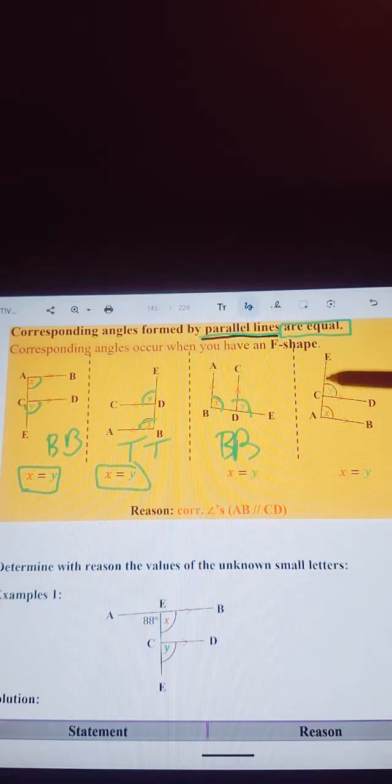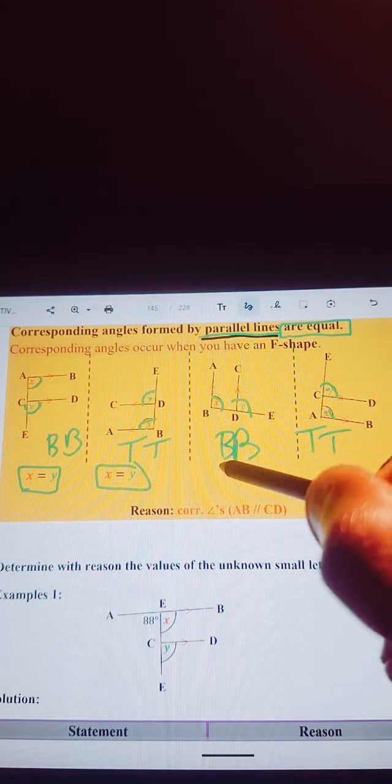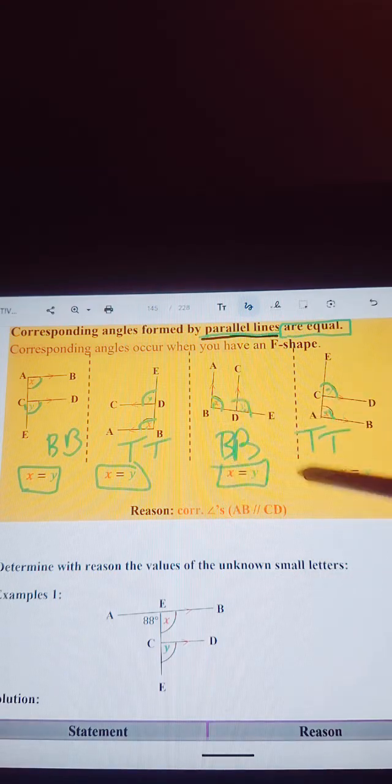Look at this one, F shape again, top of this line, top of that line, same position. That is TT, top, BB, bottom, x is equal to y, because of the lines that are parallel.